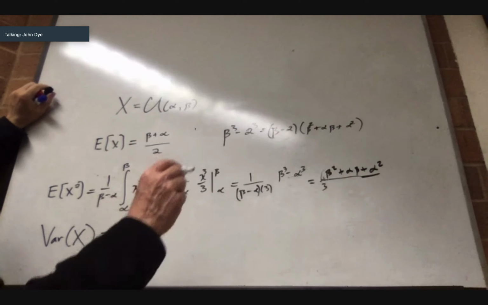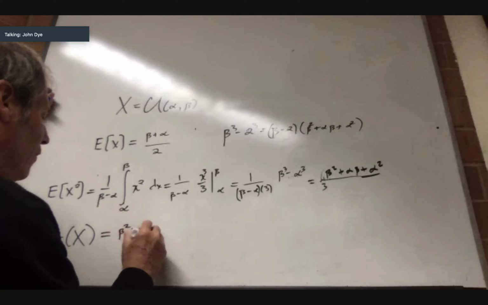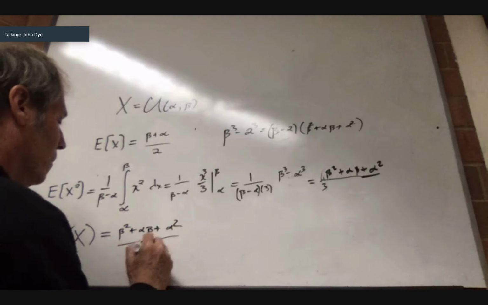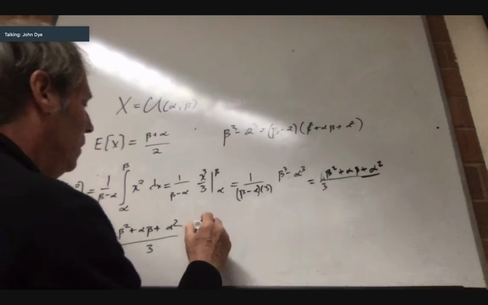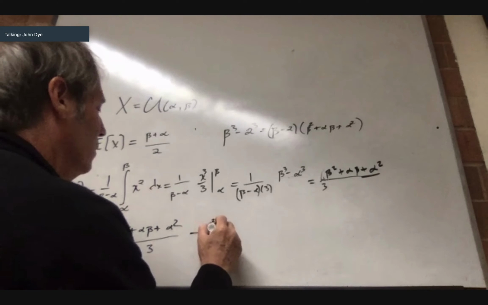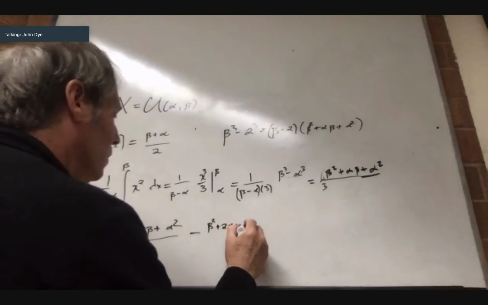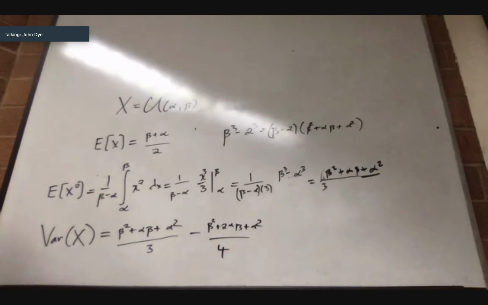It's going to be that quantity, beta squared plus alpha beta plus alpha squared over 3, minus the mean squared. So that would be beta squared plus 2 alpha beta plus alpha squared over 4, because I'm squaring.